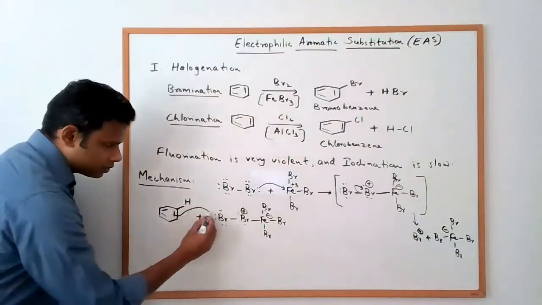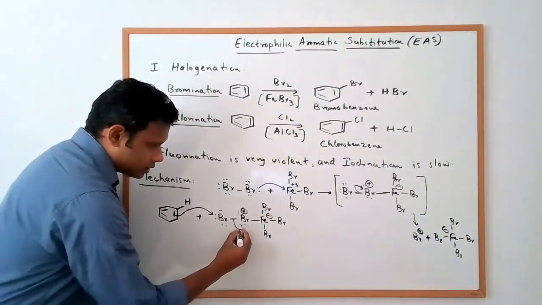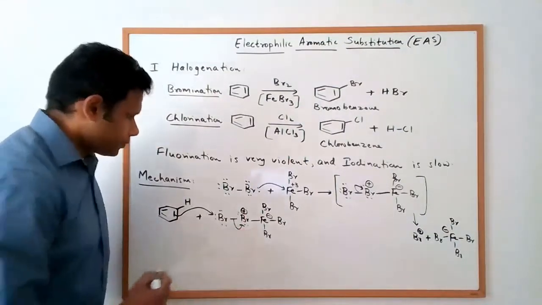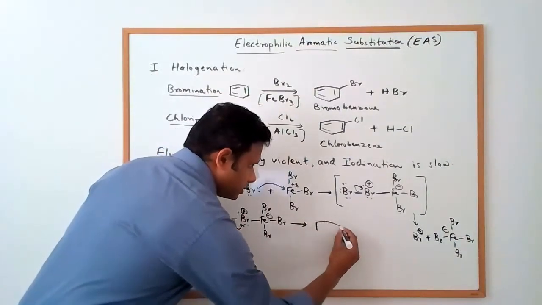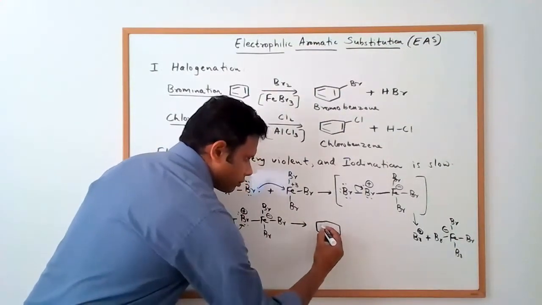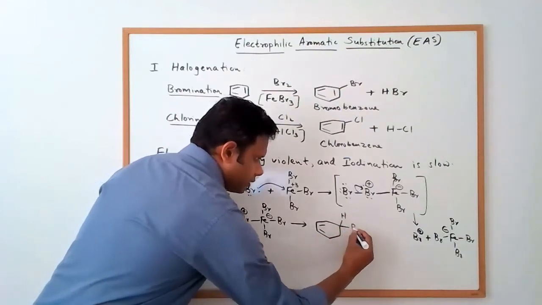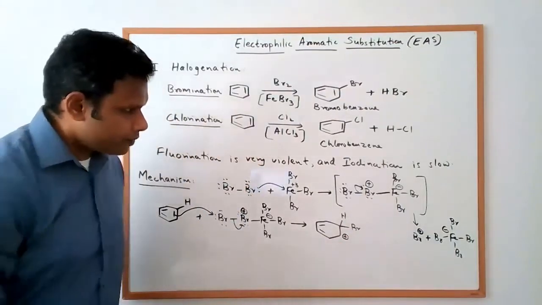So the pi bond is going to come and attack this bromine, the terminal bromine, and simultaneously this electron pair goes to the bromine in the middle here. And so this will take us to the sigma complex. We have H, we have Br, and we have the positive charge here.